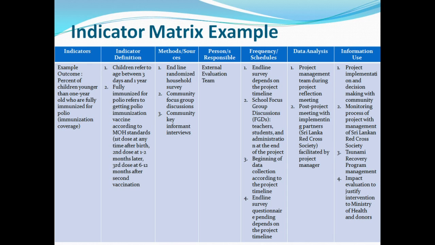You need to mention them here. In addition to specific people's names, use their position title to ensure clarity in case of personnel changes. This column is useful in assessing and planning for capacity building for the monitoring and evaluation system.